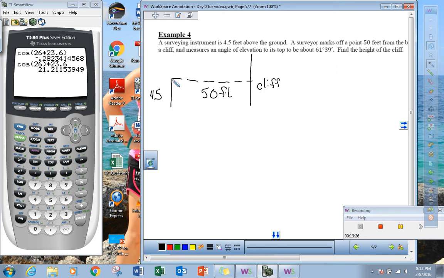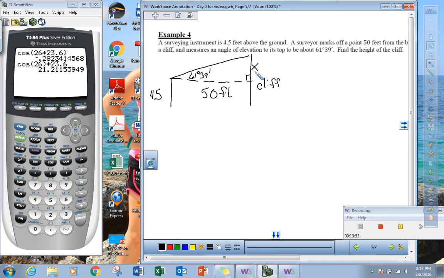The only other part I have is this angle, 61 degrees 39 minutes. And we're going to try to find x, the height of the cliff, or c for the height of the cliff. I didn't want to use c and confuse somebody with hypotenuse.